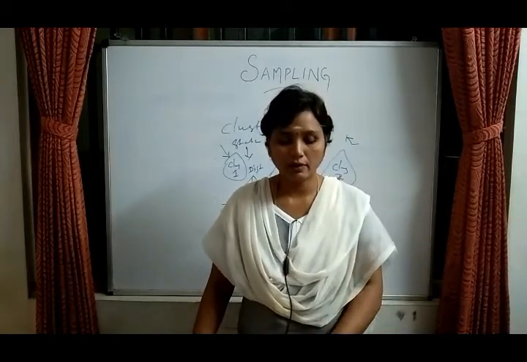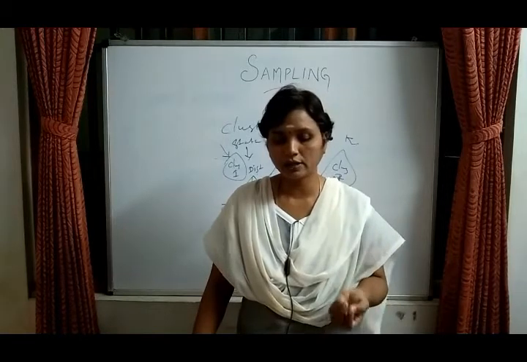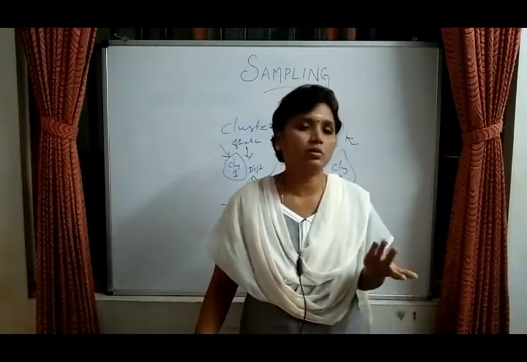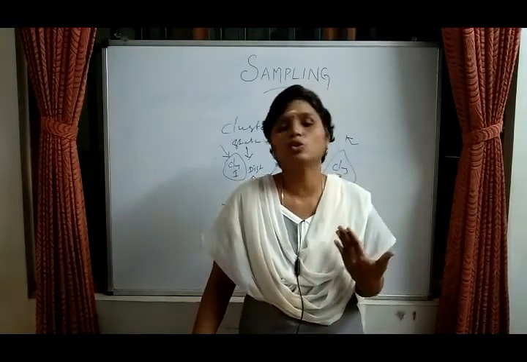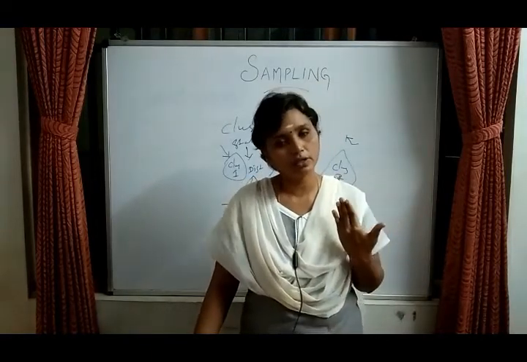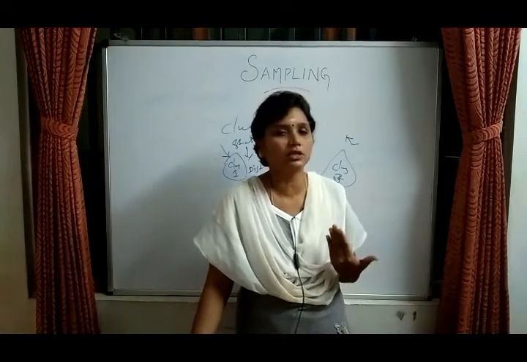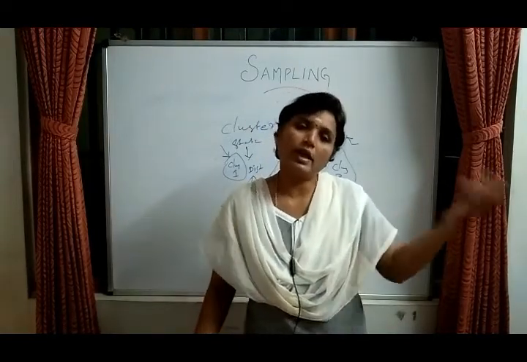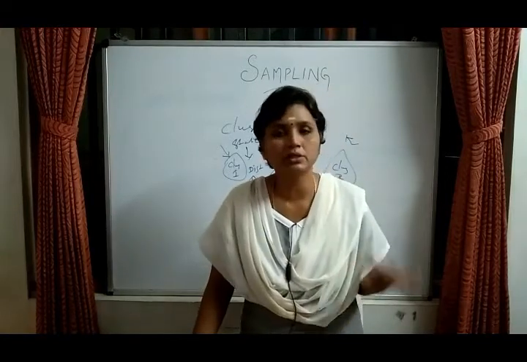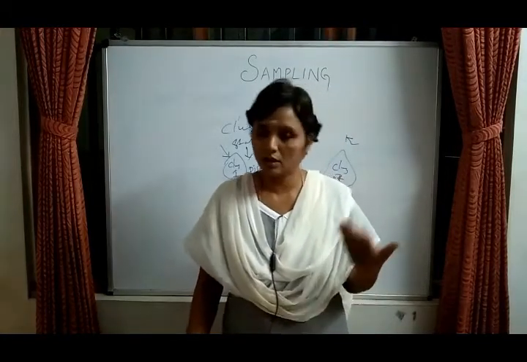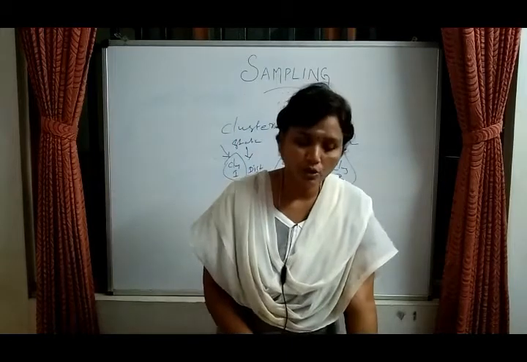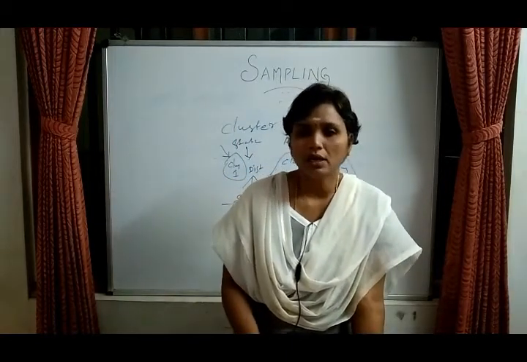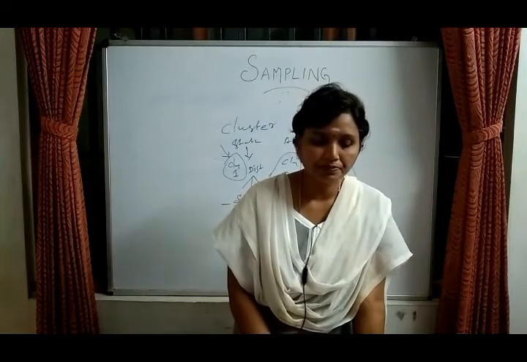Here the sampling bias will be higher, because only the researcher's convenience decides the selection of samples. Okay, maybe if he likes the person, he will include the person in the research study. So controlling sampling bias is a little bit difficult.